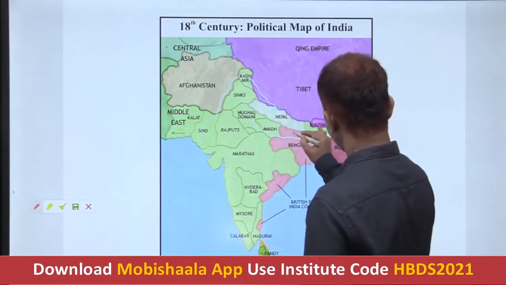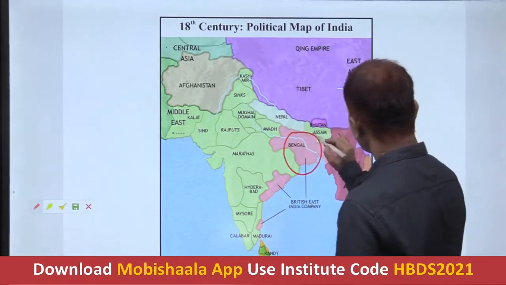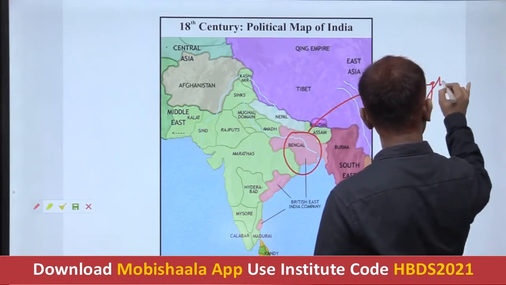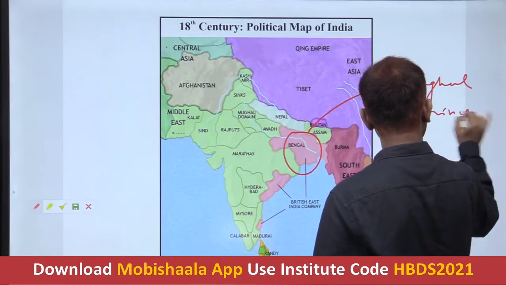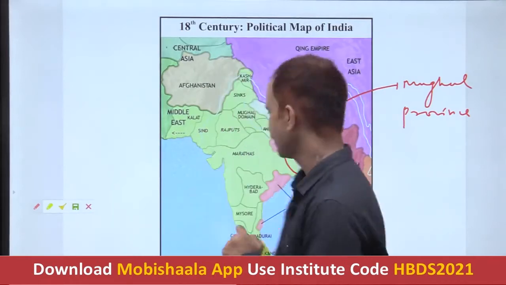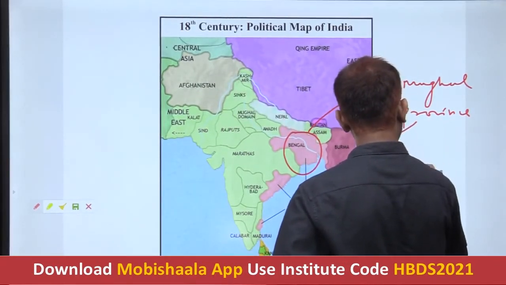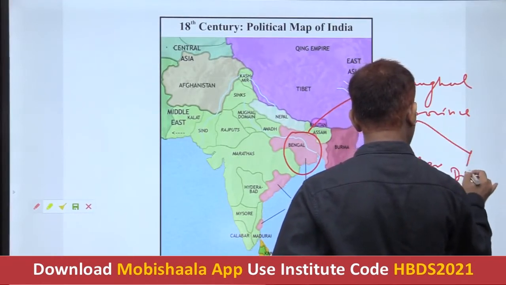This is Bengal, right? Once it was a Mughal province, ruled by 2 Mughal officers. One was Subedar, and the second was Diwan.